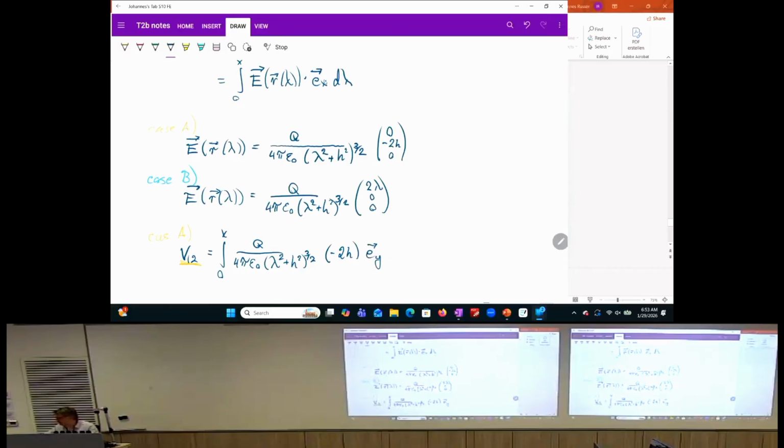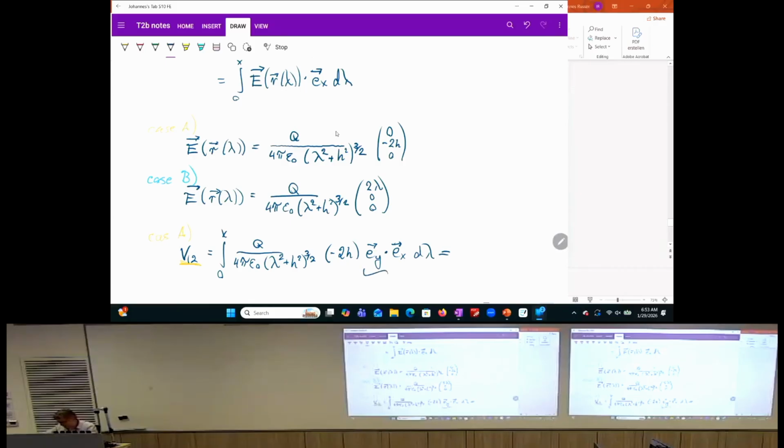From the line element we get Ex, and we are integrating that over lambda. Now you see the electric field and the orientation of the line element have no common component.